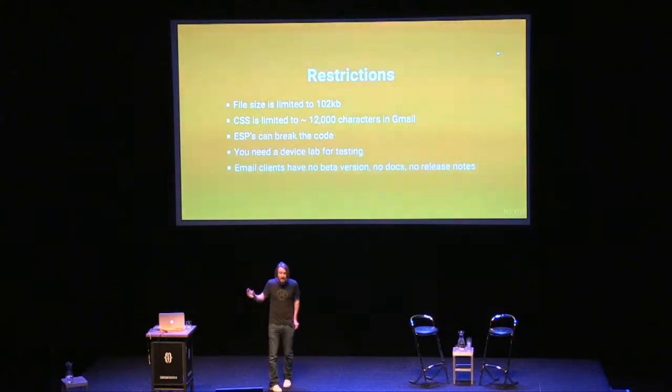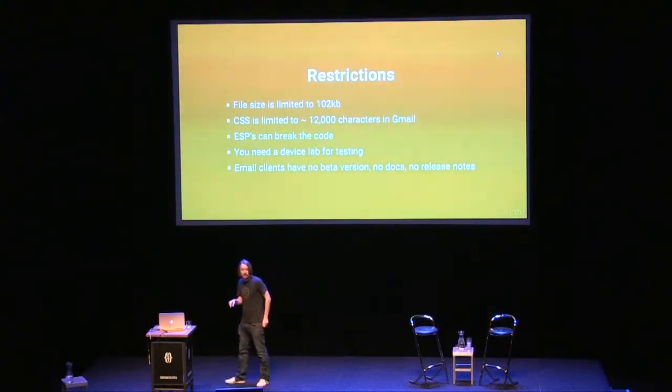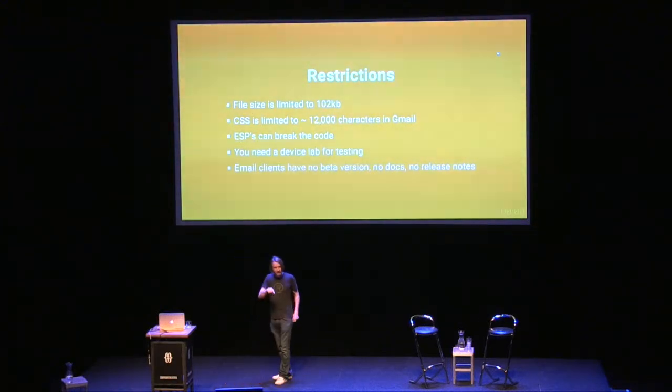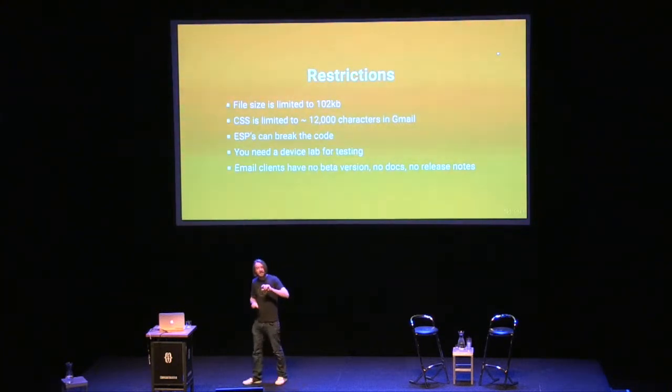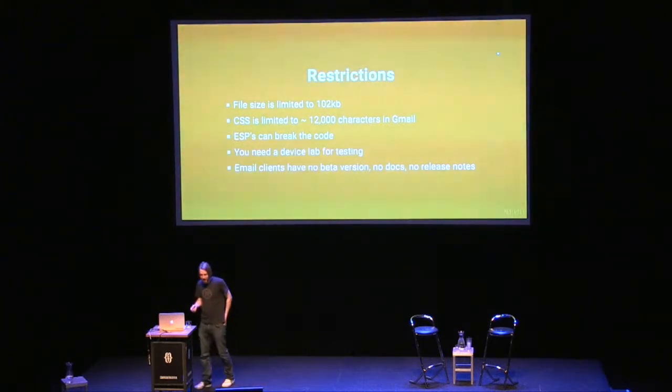You need a device lab, because you need to test these interactions on the actual devices. For example, on Android phones, if you have a text input in an email and you click on it, you don't get a keyboard. You can copy and paste code into it, but that's not a great user experience. I don't know how you explain that in an email.